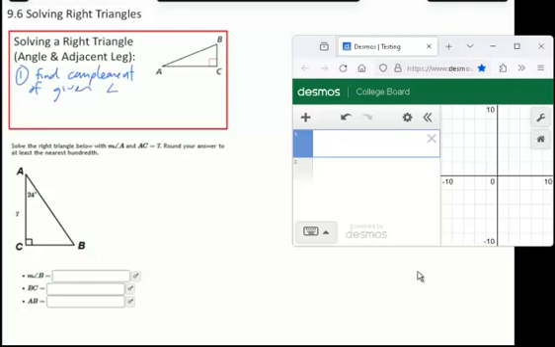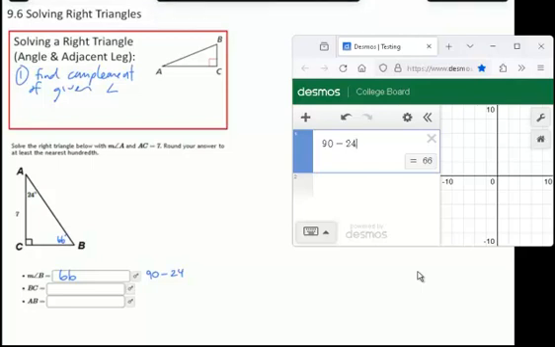You can find the other angle by just finding the complement, right? So if I just took 90 minus the given angle of 24, I see that my remaining angle has to be 66 degrees. And remember, you can enter your answer as a calculation as well. So we could have entered 90 minus 24 directly into our answer field.